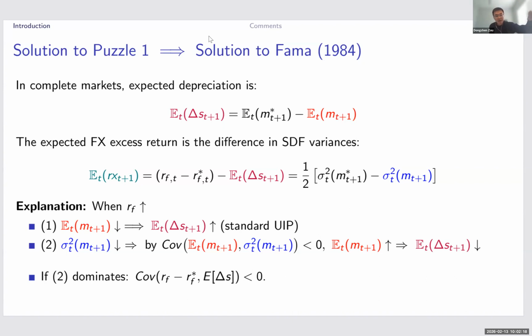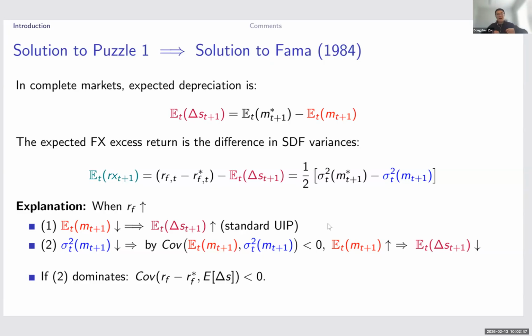However, those models that can solve this risk-free rate puzzle can also be applied to solve this Fama puzzle, in which the risk-free rate rises because of a lower volatility of the SDF. Then, by this construct of the negative covariance, I can push up a little bit of this IMRS.